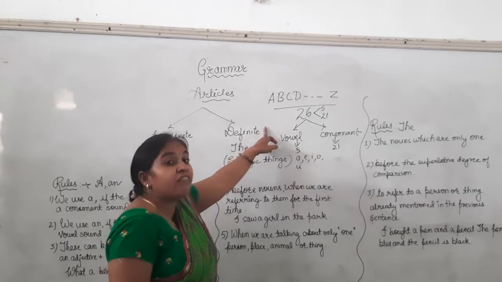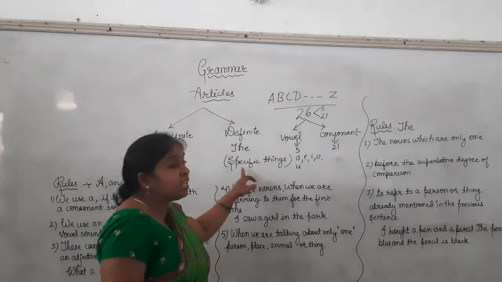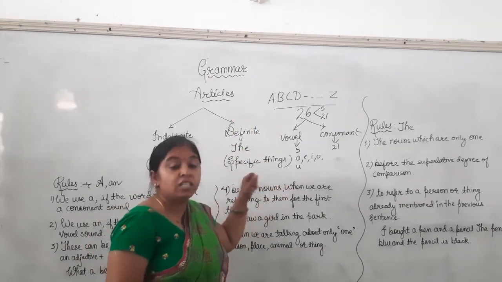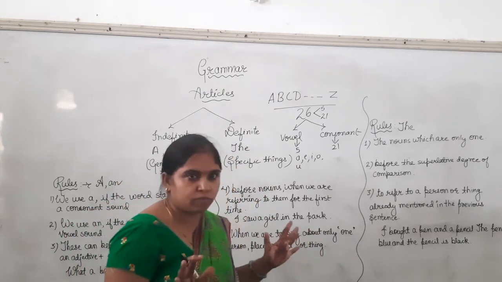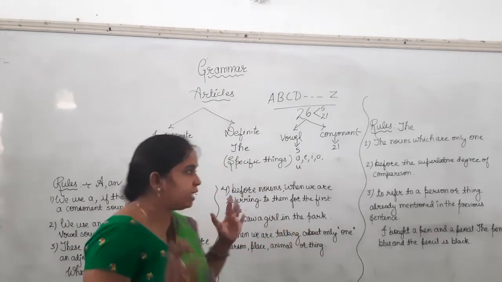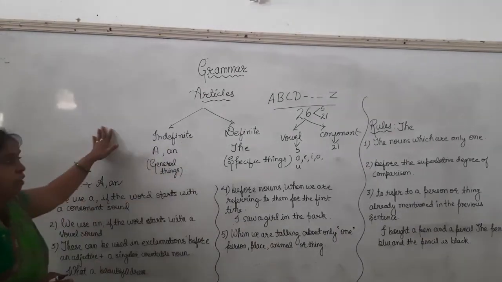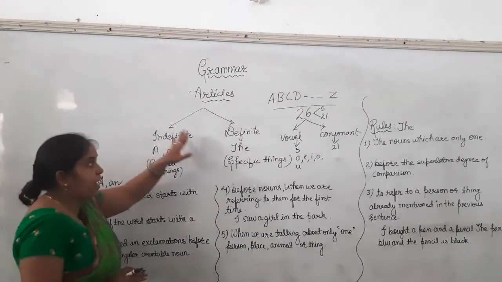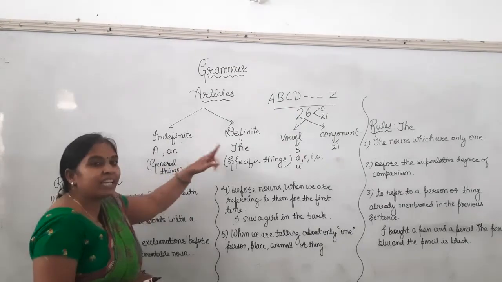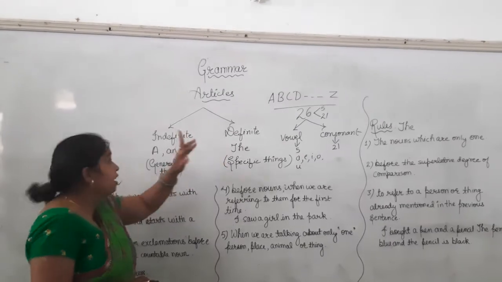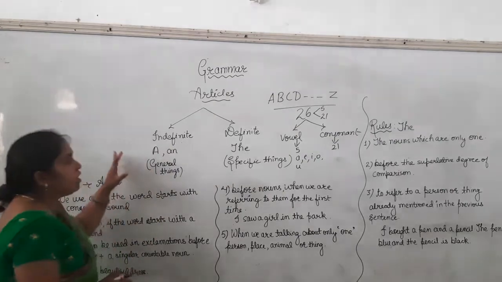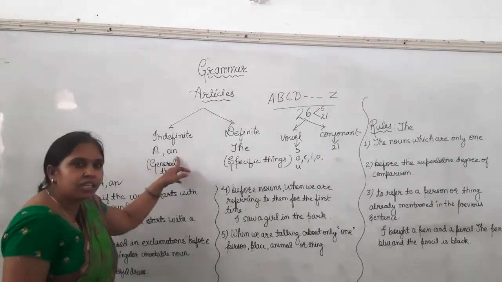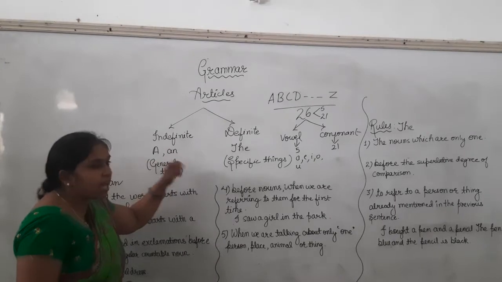The is the definite article, which we use with specific things, a specific or particular noun. As I told you, definite is the and indefinite is a and an. First of all we will learn about the indefinite articles, a and an.